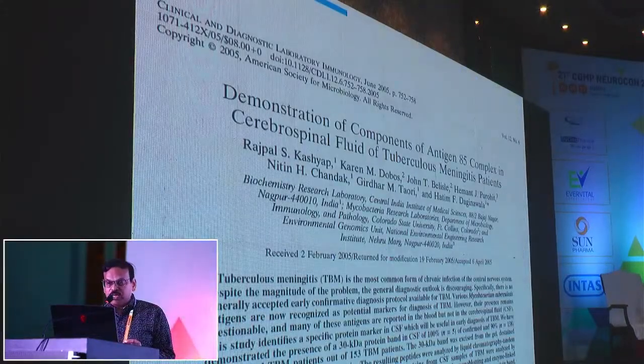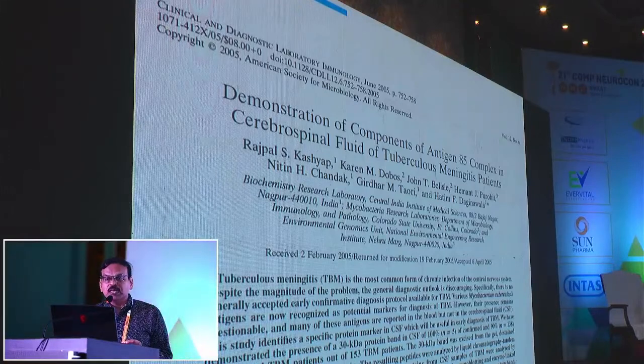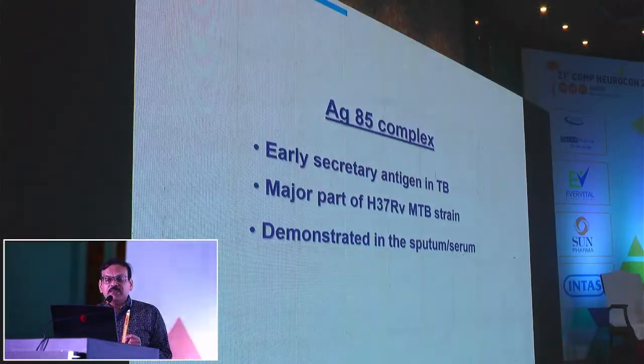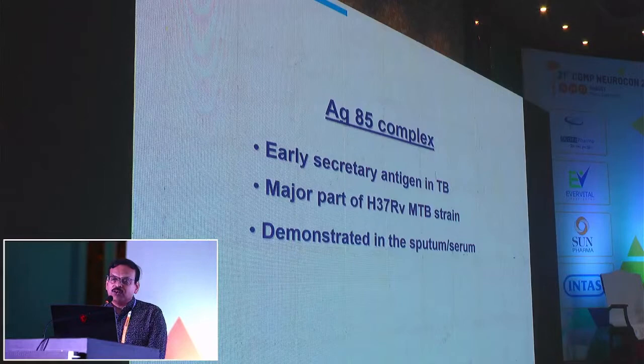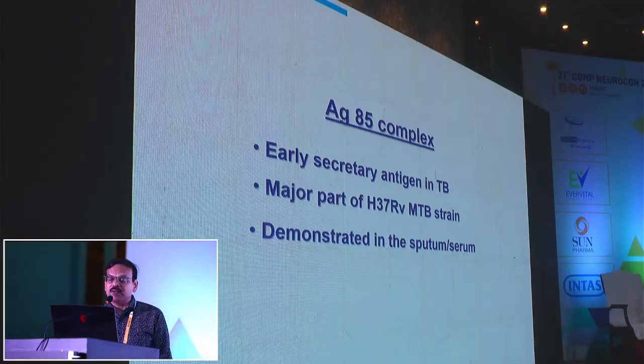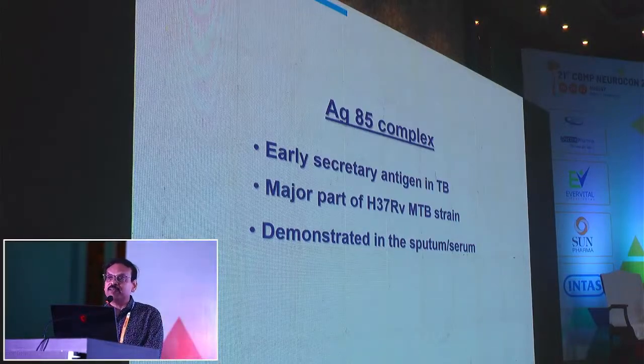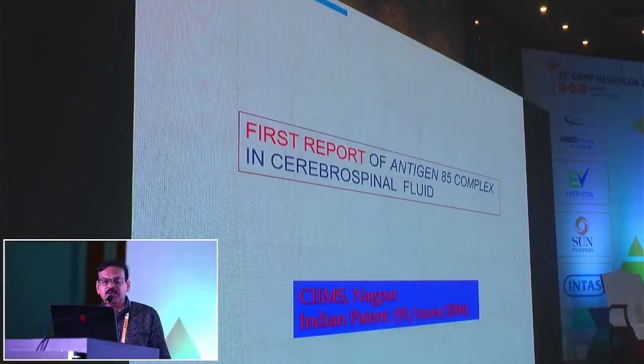This we wrote in a paper showing the presence of antigen 85 complex in the CSF. Antigen 85 complex is the early secretory antigen of tuberculosis. Its major part is the H37Rv mycobacterial strain, and it has been previously demonstrated in sputum and serum. We were the first to demonstrate this in the CSF, and we have patented this.